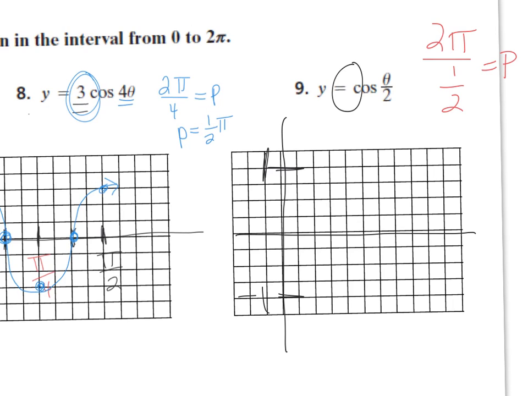So the period's 4 pi. So I'm going to go 1 pi, 2 pi, 3 pi, 4 pi. And then I split my cycle up into 4 spots. Cosine starts up, so I'm going to go up, 0, min, 0, back up to max again, 0, keep going.